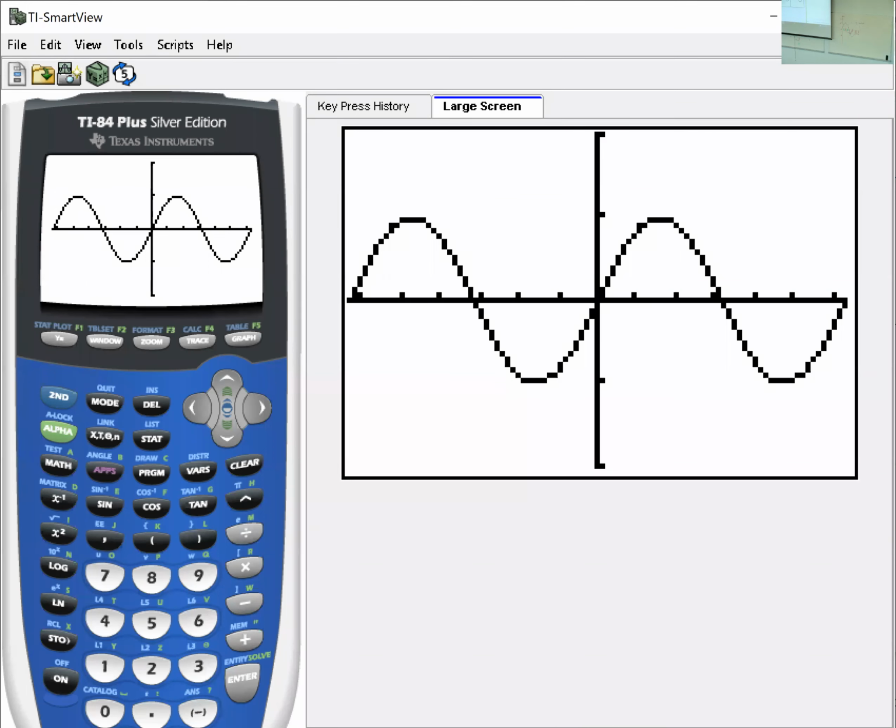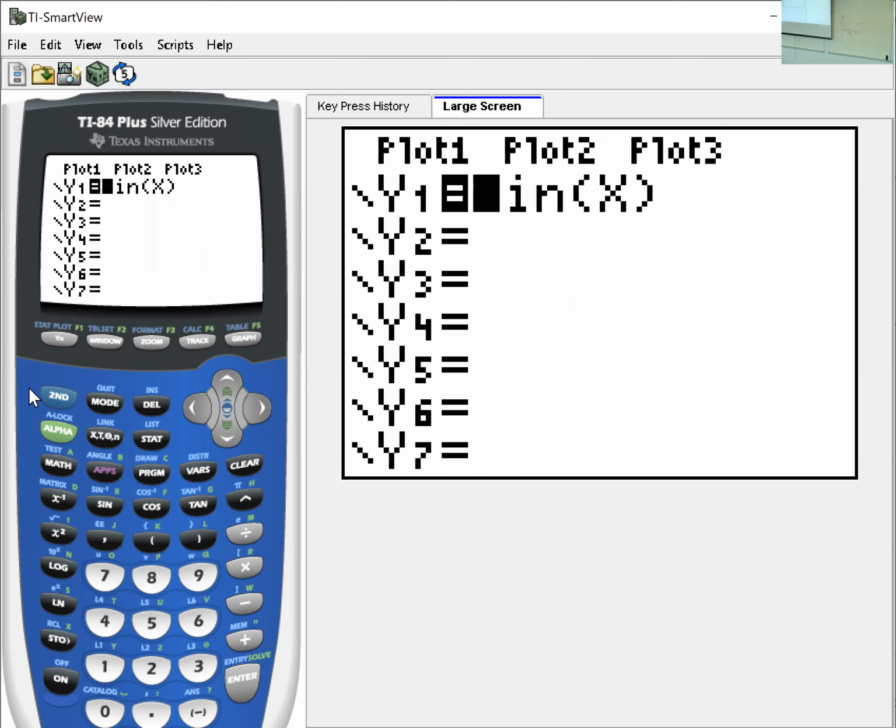Cosine is going to shift by 90 degrees. Sine is 2 pi periodic, is cosine 2 pi periodic? Yes, they are co-functions. Your fancy calculators have color, so set it to a different color.